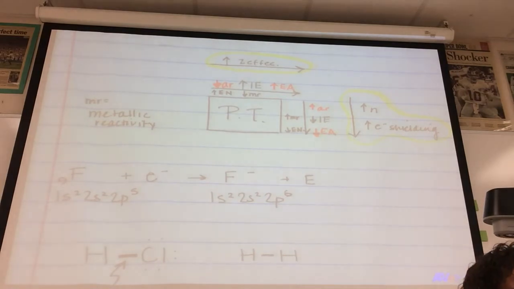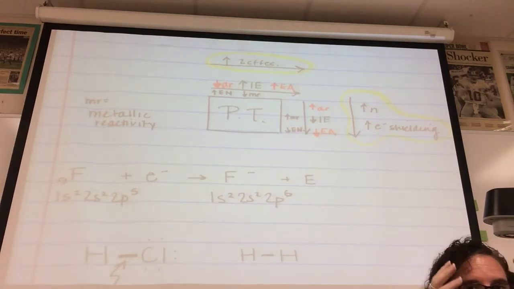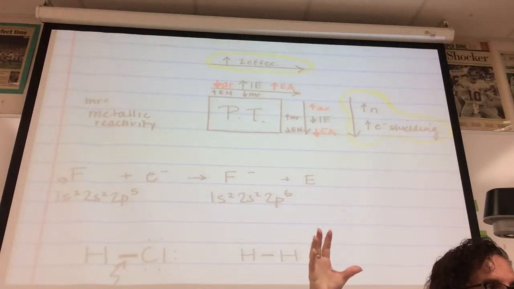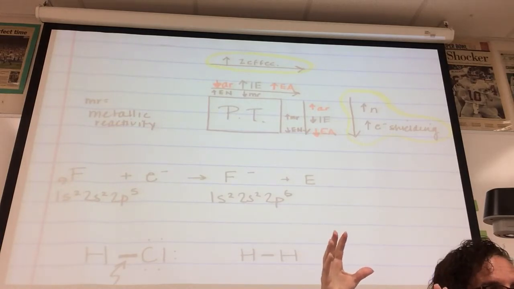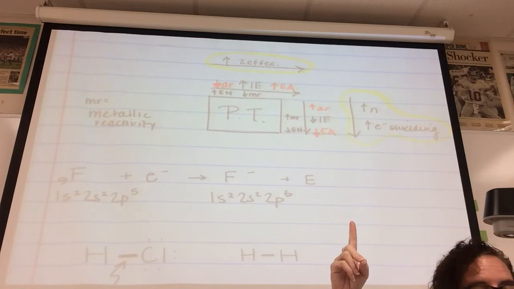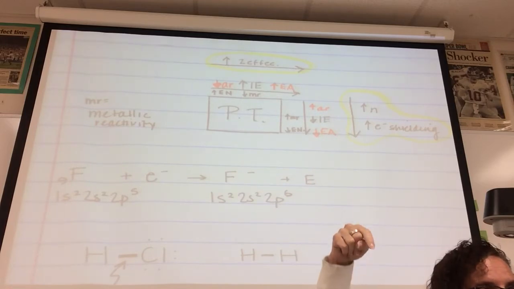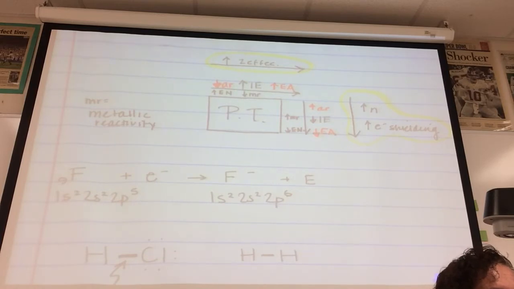As you go down a group, the valence electrons are farther and farther from the nucleus with more shielding, so the radius goes up, ionization energy and electron affinity go down. Question? You do want to indicate what shell the valence electrons are located in, and that will always correspond with your period number.